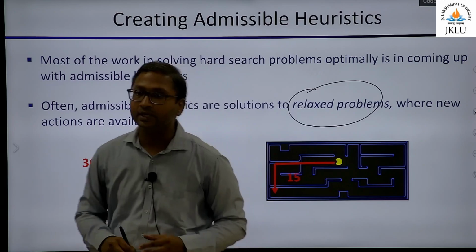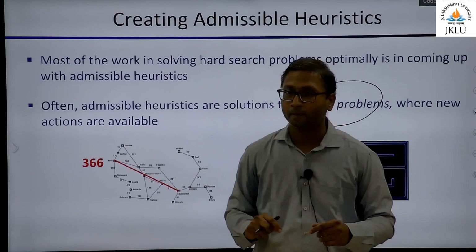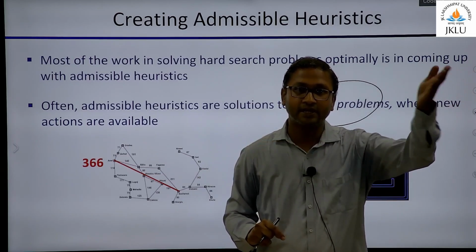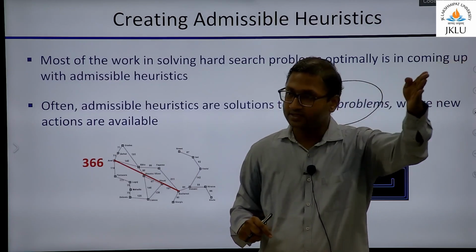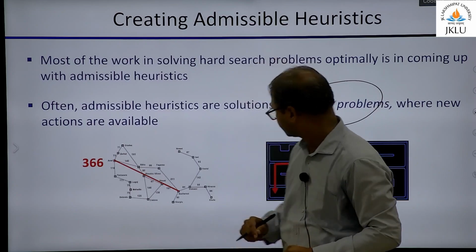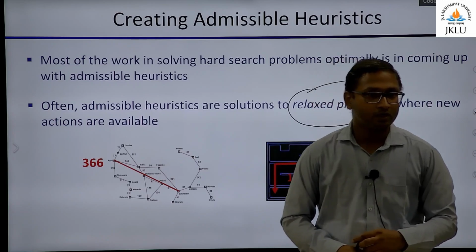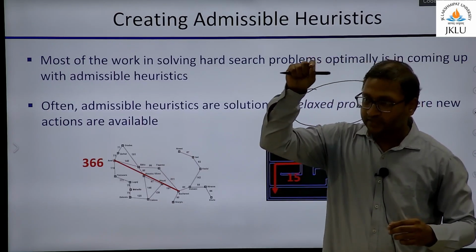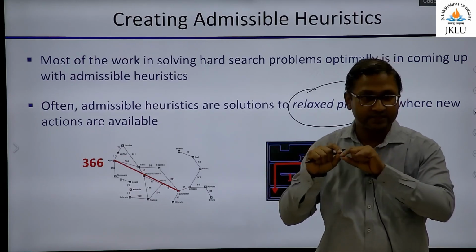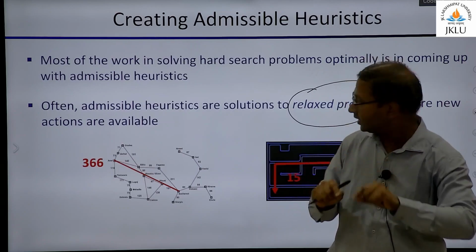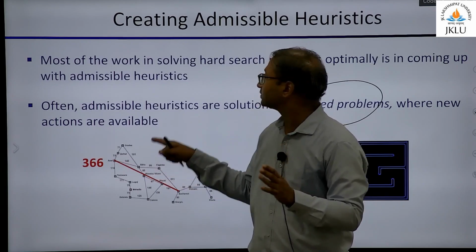Remember, what was the relaxed problem in the case of Pac-Man? You removed all the walls, and now this is a relaxed version of the original problem. Manhattan distance will give you the best path. In this case, what was that? Removing the roads. Taking roads will certainly be longer than the direct straight lines, right? So in this case, what is the relaxed version?